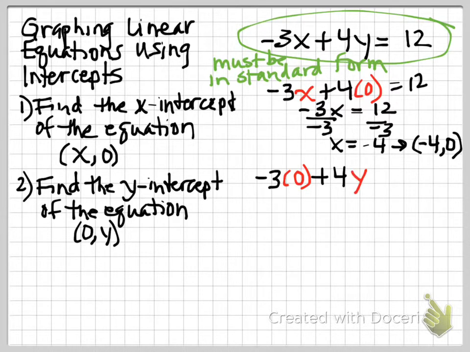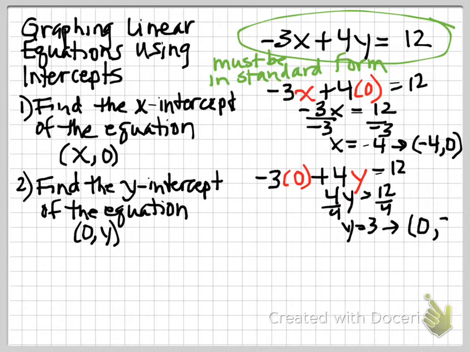And our y value is our y value. So what we get is 4y equals 12, and we divide both sides by 4. Notice I never do stuff in my head. And I would write the ordered pair, 0 for the x, 3 for the y. And then our last step would be to graph the two pairs, or graph the 2 points.